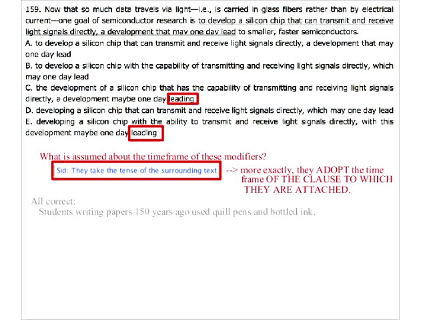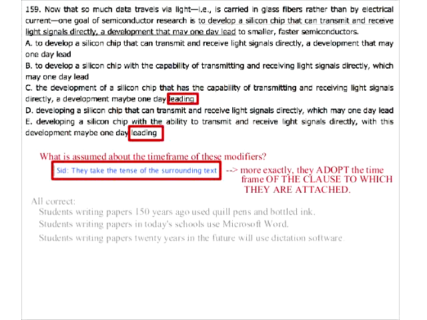Another correct sentence could say students writing papers in today's schools use Microsoft Word. And finally, last but not least, you could say, students writing papers 20 years in the future will use dictation software. So these are all correct sentences.